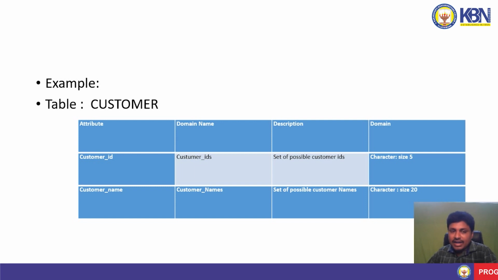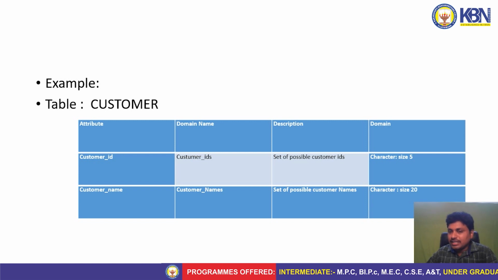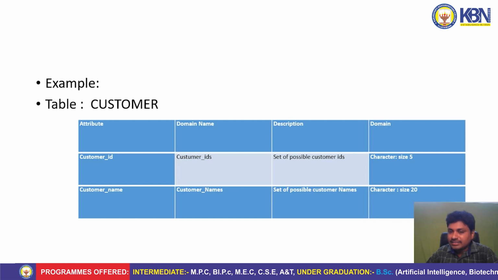In that, customer ID and customer name are the two attributes. Domain name, the customer IDs and customer names. Description, the set of possible customer IDs, and the set of possible customer names. What about the domain? We have mentioned the domain: character size 5 and character size 20.